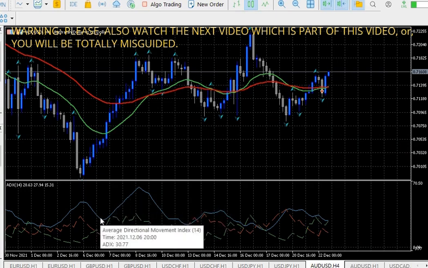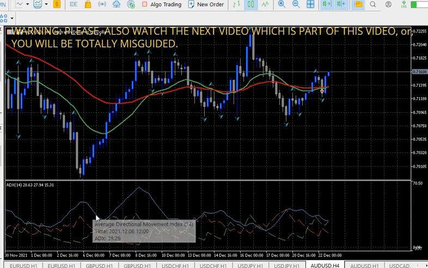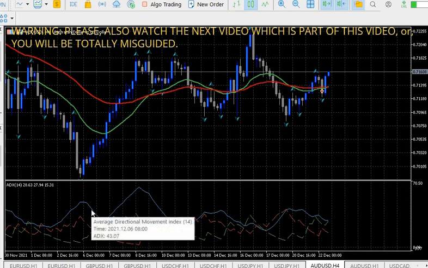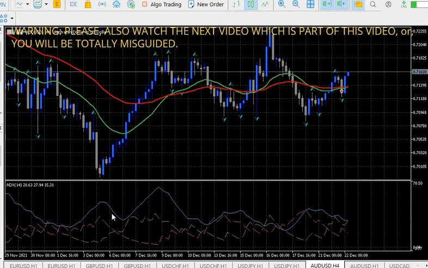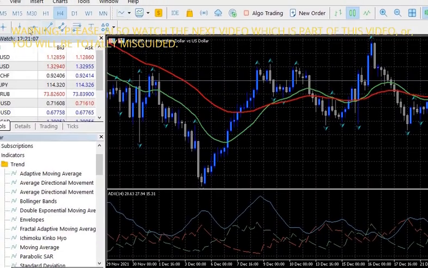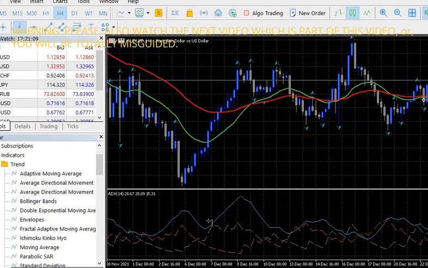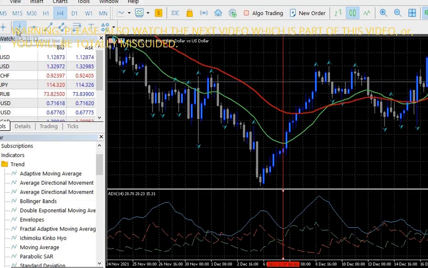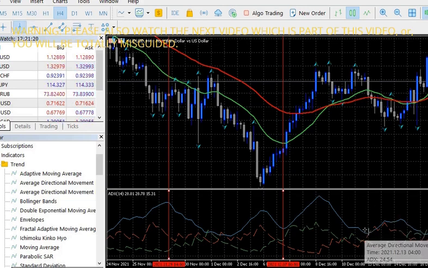So when it takes a curve like a U-shape or V-shape, look at this point. Let me mark it for you here, and here, also here.